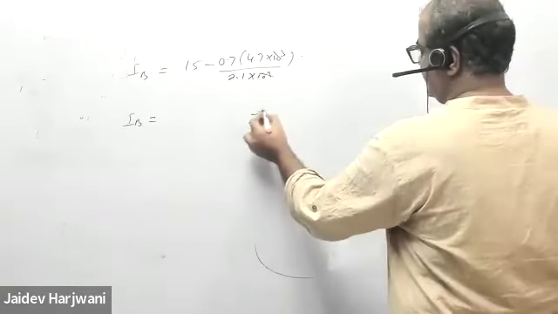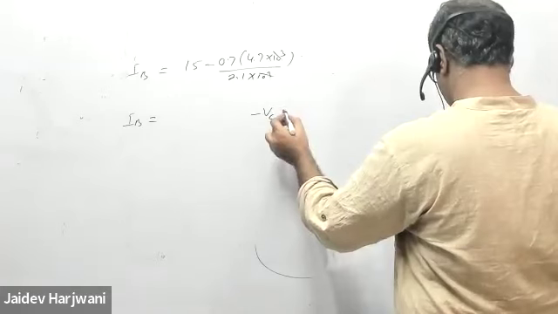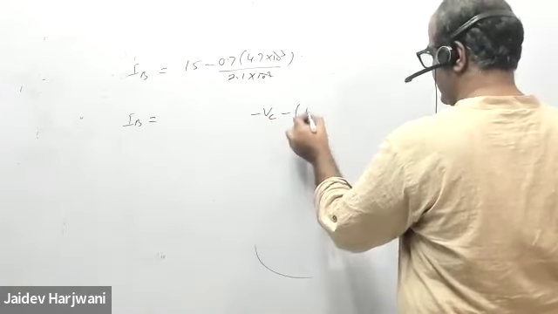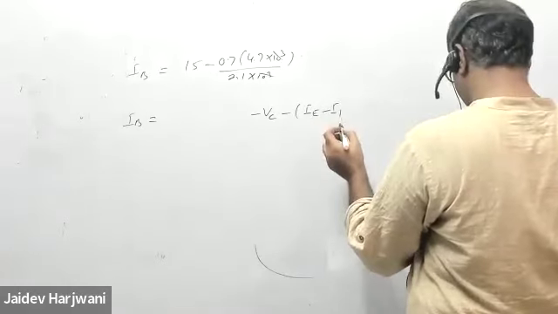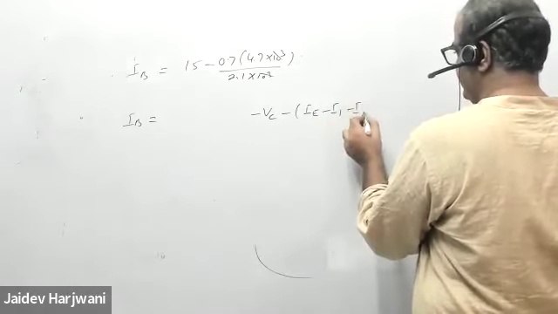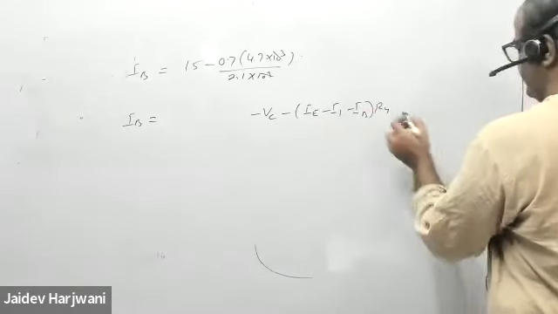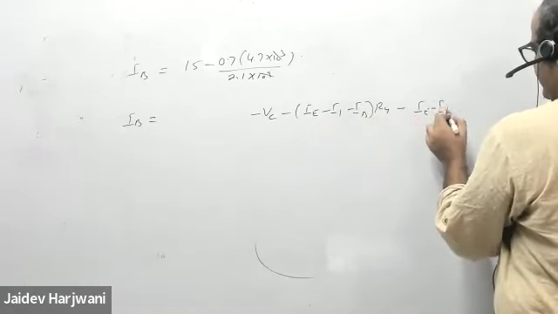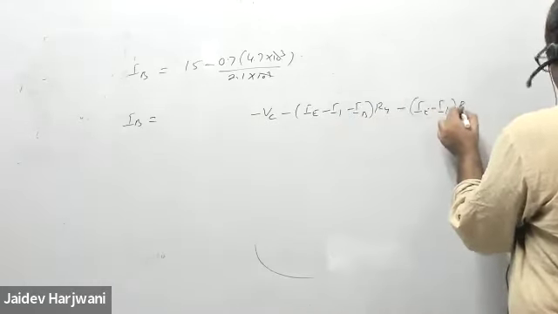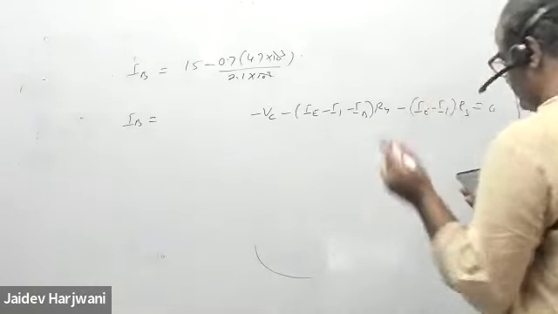So minus VC, and then I have minus IE minus I1, and minus IB R4. And then I have minus IE minus I1 into R3 equals 0. This is my first equation.